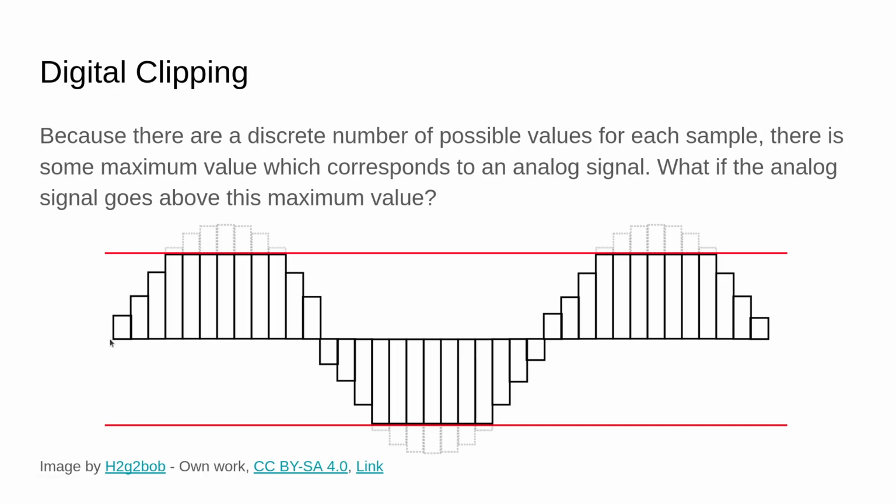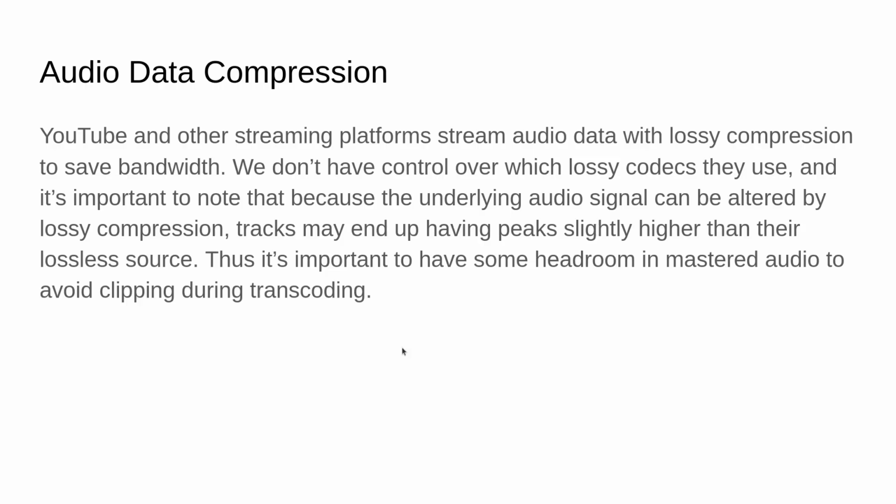And it could clip depending on how the algorithm handles that. So that's one thing to keep in mind. We want to keep some headroom here. We never want to push our levels all the way to the maximum or the minimum, or else we might encounter clipping during transcoding. So now with that out of the way, let's look at some examples.